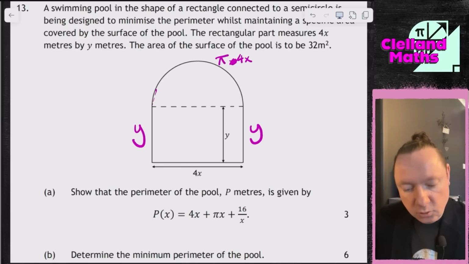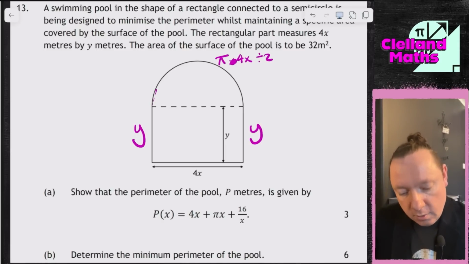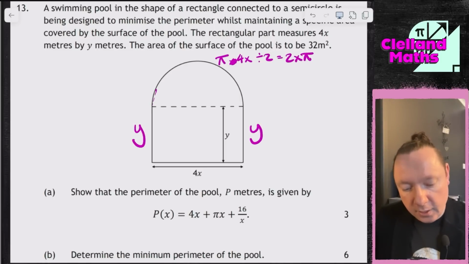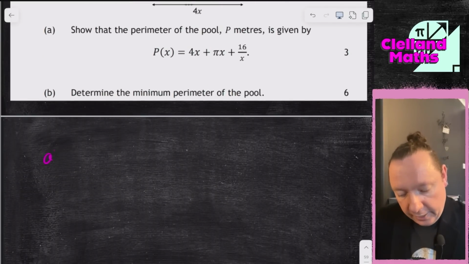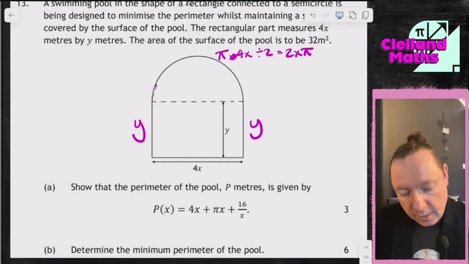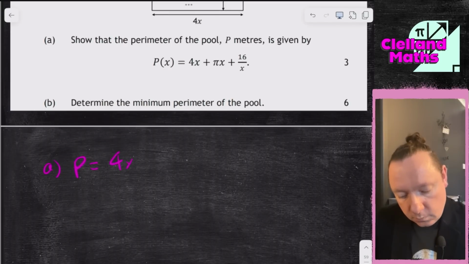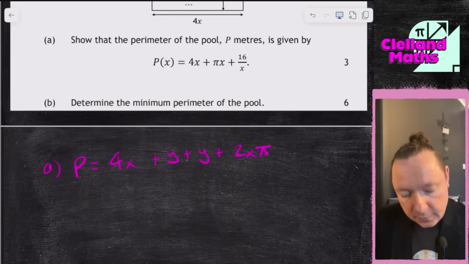Pi times 4x, but then it's halved, so divide by 2. Well, that equals pi times 2x, or 2x pi. So we can write our perimeter for A to start with as 4x plus y plus 2x pi. Making that neater, that's given me 4x plus 2x pi plus 2y.